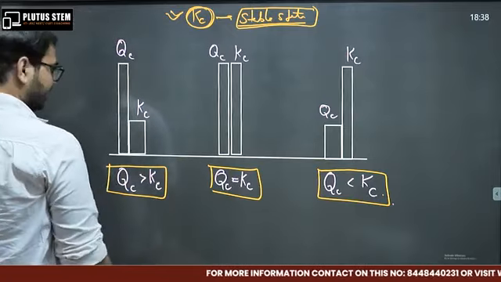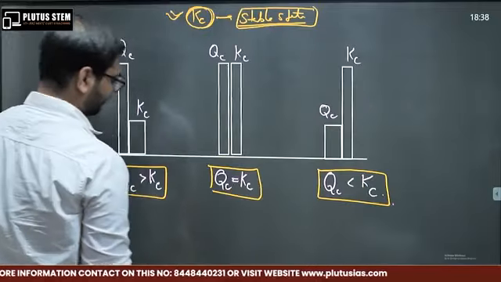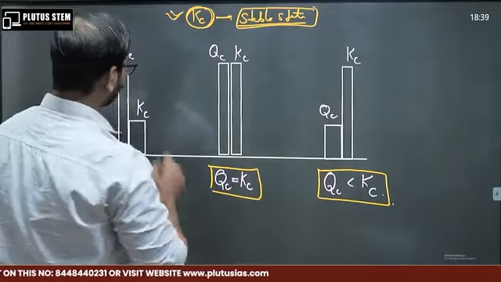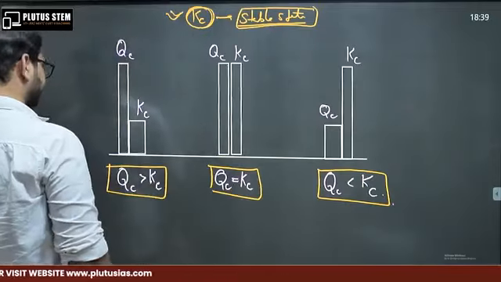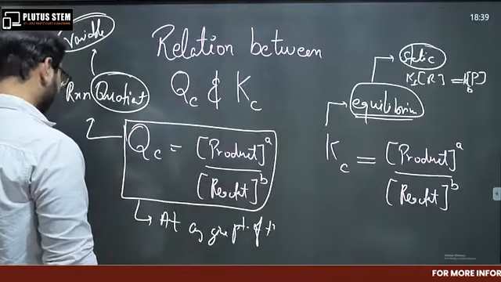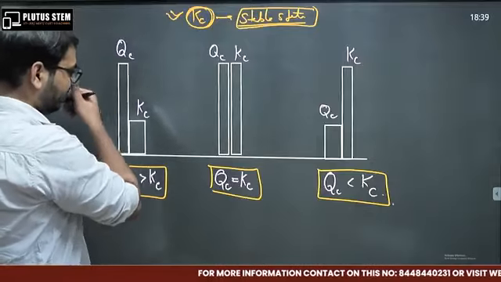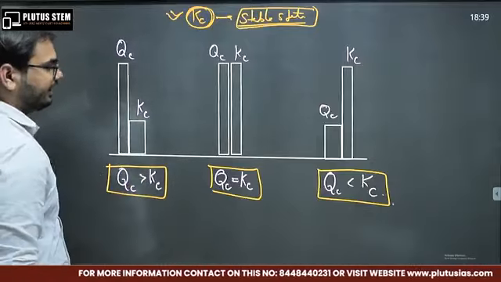So first thing, let me write the separate formulas. Okay, we can use them later. If you closely look at it, Qc is represented by concentration of product and reactant. Now here, my Qc has a higher value and Kc has a lower value.